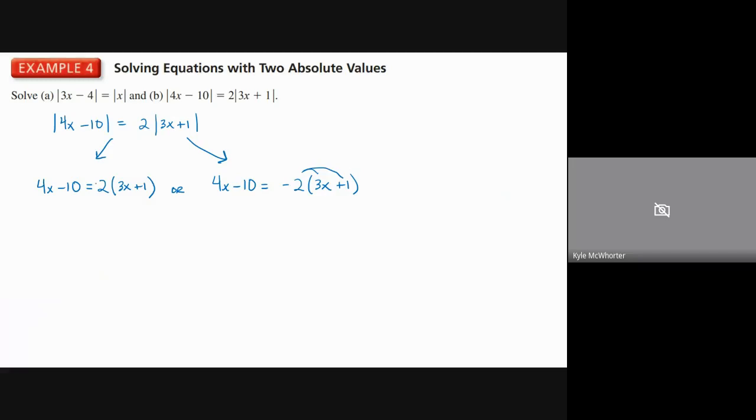Okay, so then we need to distribute on both sides. So we're going to get 4x minus 10 equals 2 times 3x, 6x plus 2. Or 4x minus 10 equals negative 6x minus 2.